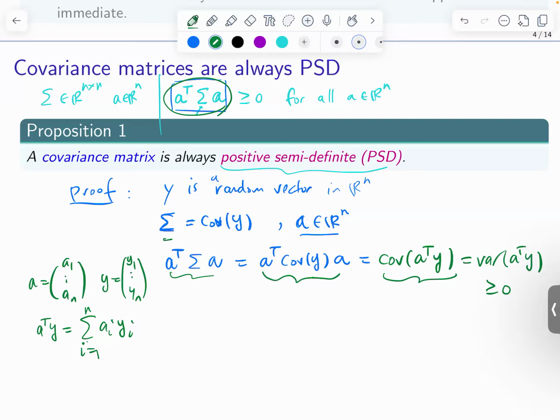And in particular, any positive semi-definite matrix can in fact be the covariance of a random vector. So it makes sense to look at these. These are variances of linear combinations of elements of a random vector. This gives a very nice interpretation of positive semi-definiteness from a probabilistic perspective.